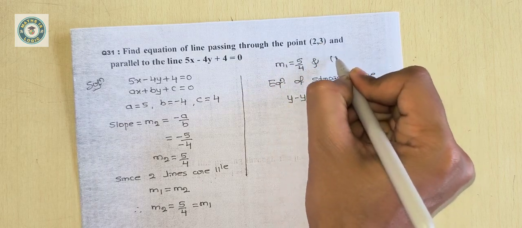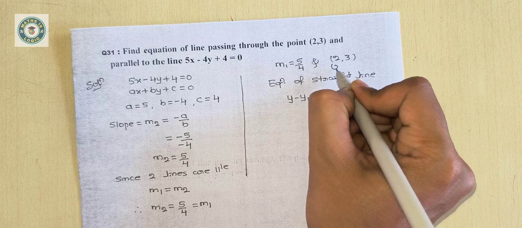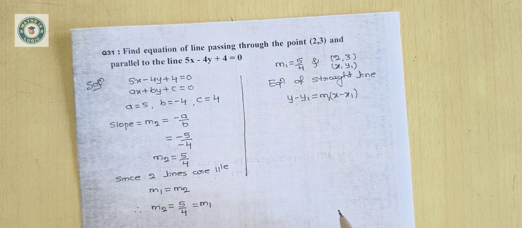And one point is already given, (2, 3), consider it as x1, y1.